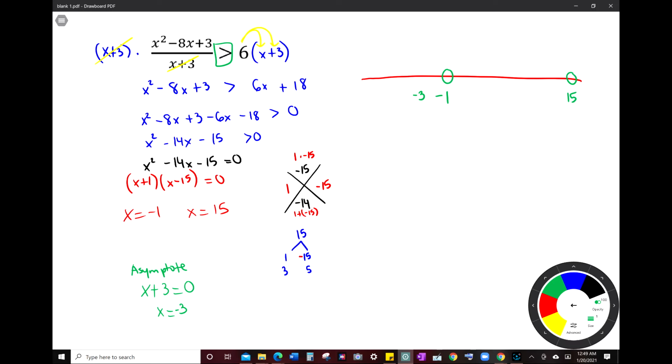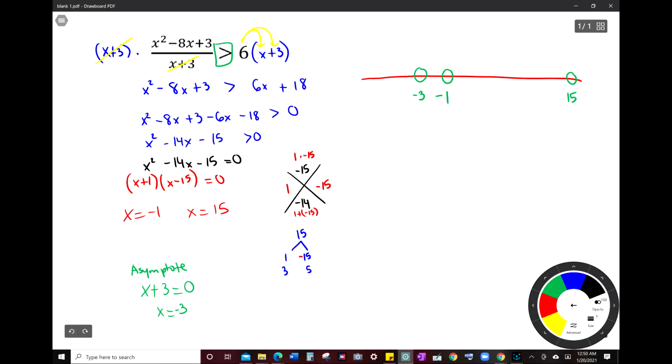And at negative 3 will also be open dot because it's the asymptote. So I don't have any y value that can have x equal negative 3. So now on the number line, I have 3 critical values: negative 3, negative 1, and 15.